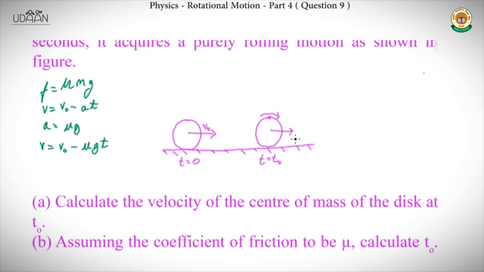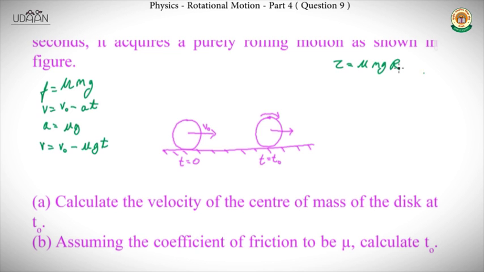Now, to reach the rolling motion condition, we need to ensure that this v is equal to the radius times omega, so that the pure rolling condition is met. So here we find the torque first. The torque applied will be equal to mu mg r. Mu mg is the frictional force, r is the distance of the force from the center of mass. Very simple. Next thing which we need to know is the angular acceleration.